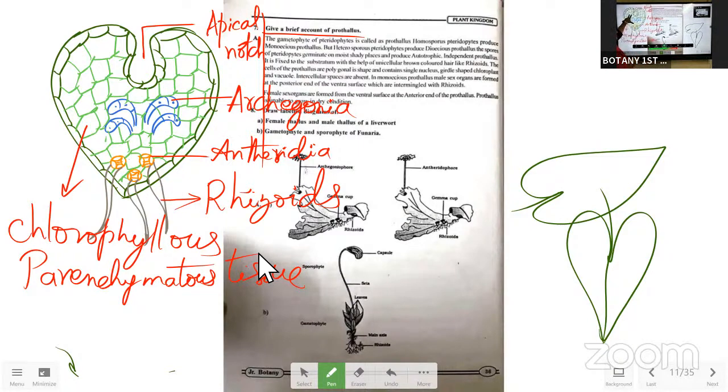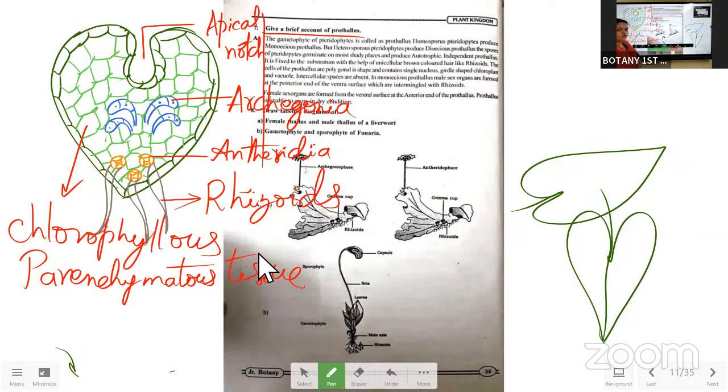Now start explaining the prothallus as in the theory. Why is this prothallus present in the pteridophytic life cycle? To produce the male gametes and female gametes. That means sexual reproduction occurs in this prothallus.